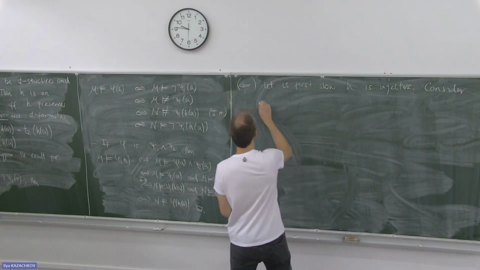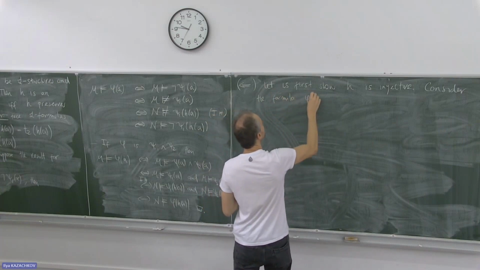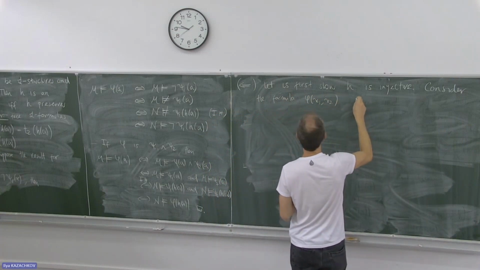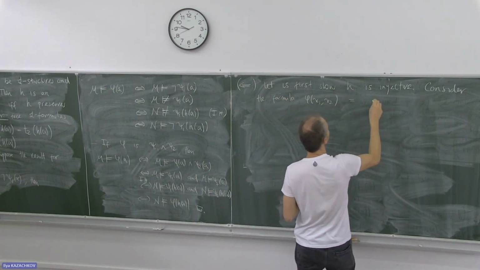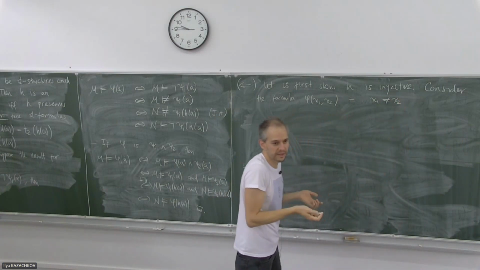So consider the formula phi of two variables, X1, X2. This is the formula, just X1 different from X2, right?